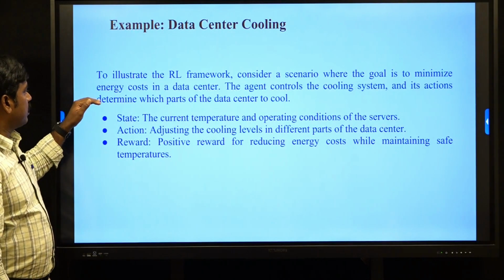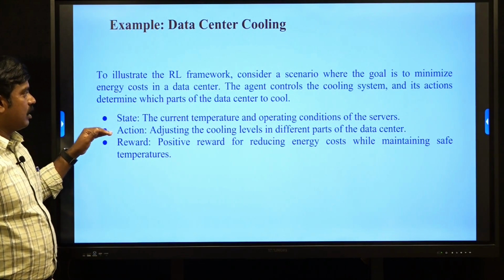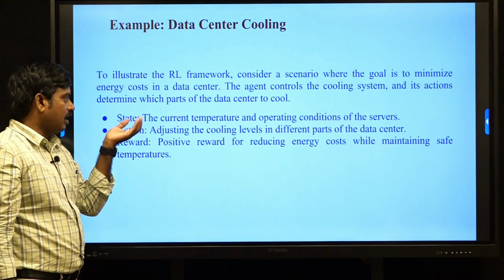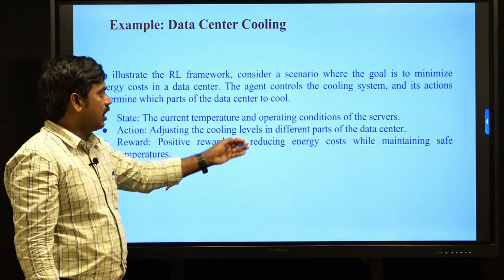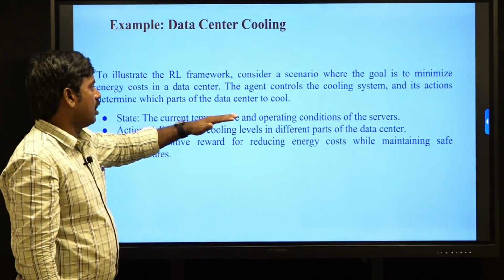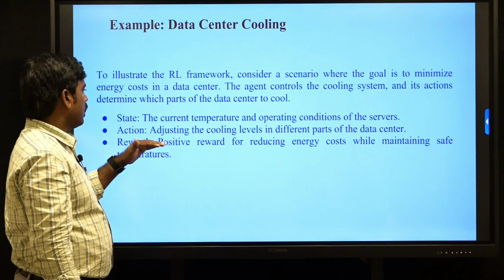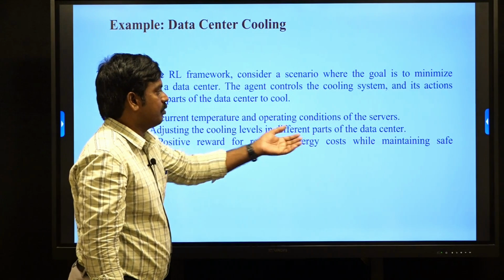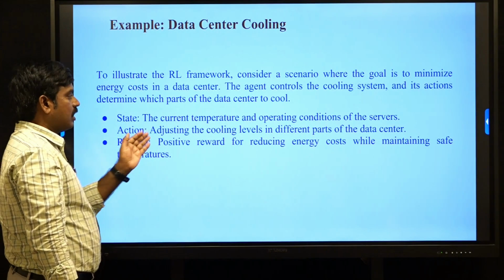Here we minimize the energy cost by applying actions. The state is the current temperature and operating conditions of the servers, whether they are hot or cool. What are the actions? Adjusting the cooling levels in different parts of the data center.